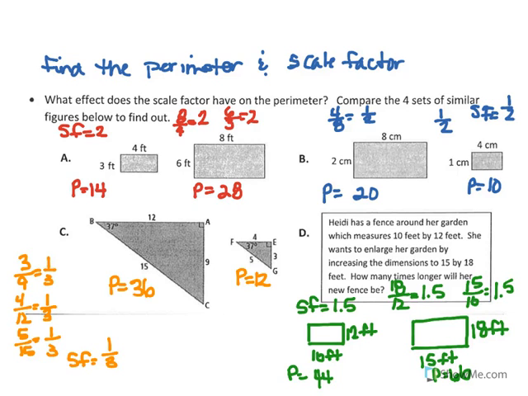C, you should have a perimeter of 36 for the first and 12 for the second. And on D, you should have a perimeter of 44 for the first and 66 for the second. On A, your scale factor should be 2. B, your scale factor should be 1/2. C, your scale factor should be 1/3. And D, your scale factor should be 1.5.